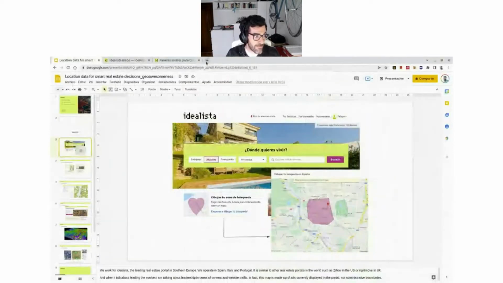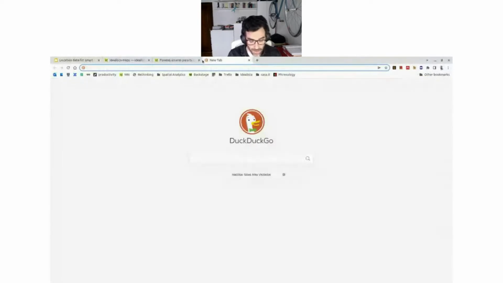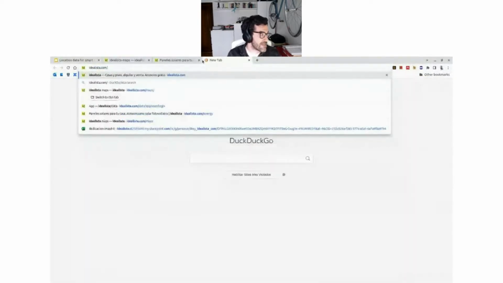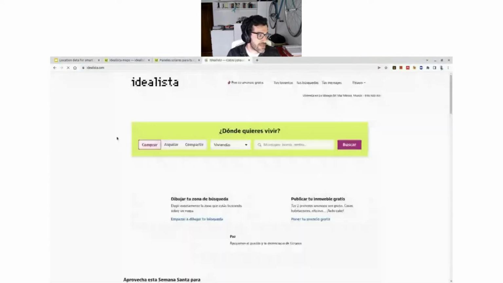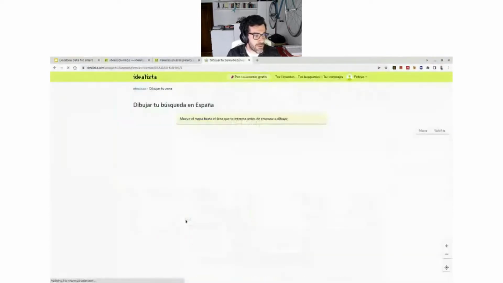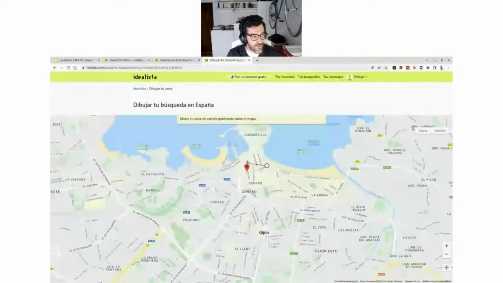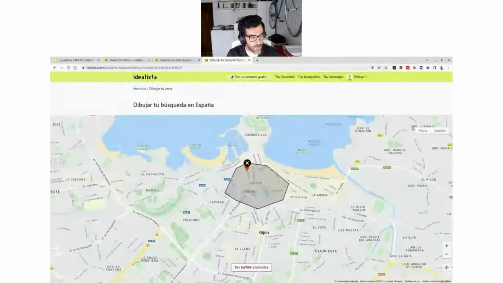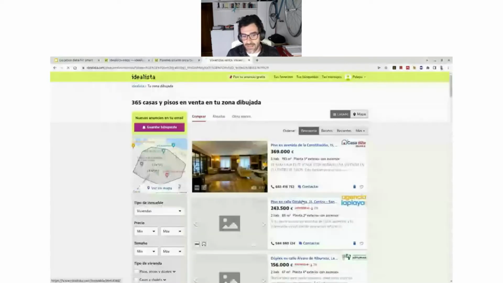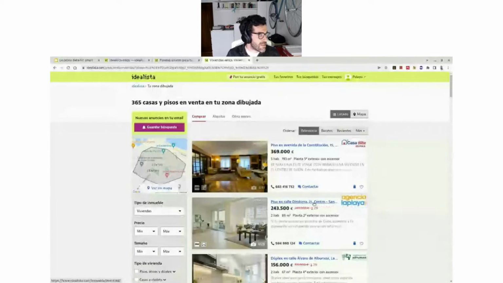In the debate we had at the beginning, I was talking about allowing people to run this sort of query, building their own polygons, so they are able to find all the properties that might be close to their office, home, grandparents, or whatever.